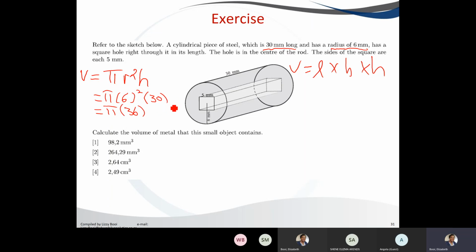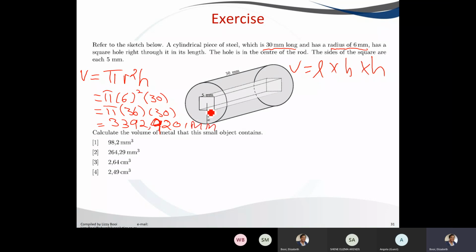This will give us 3392.9201, something like that, plus other digits.